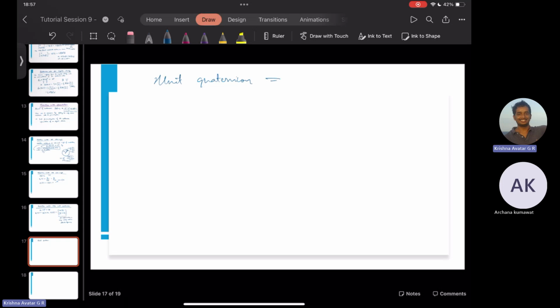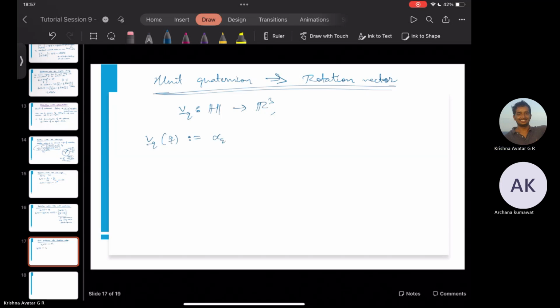That is the question we are asking ourselves. So we are looking at the inverse mapping, which maps V vector from H space to R3. And this is given as V vector defined as alpha q as a function of q vector, then n q vector.